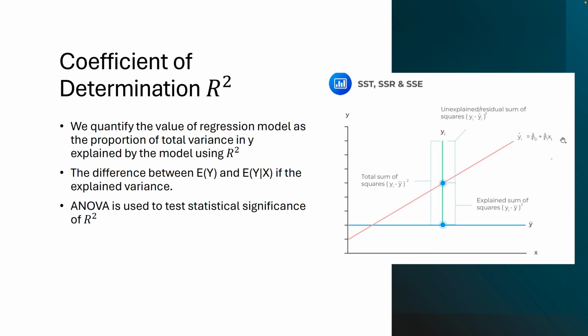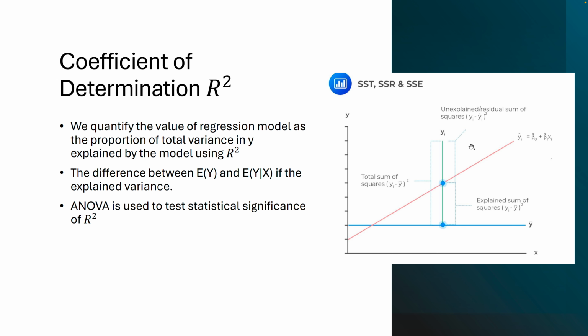In addition, we have the error term for the value of y. Now we determine the overall quality of the model by using the ratio of the variance explained as a proportion of the total variance in the values of y.